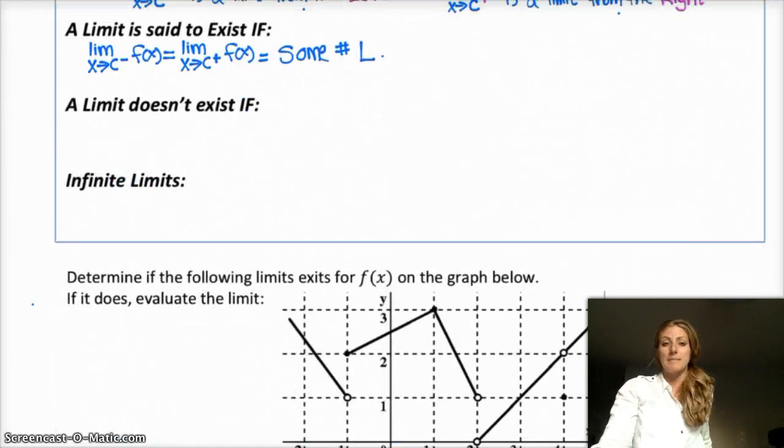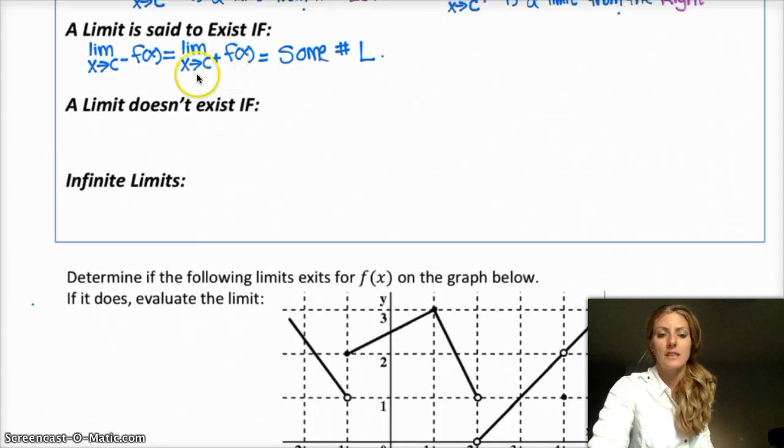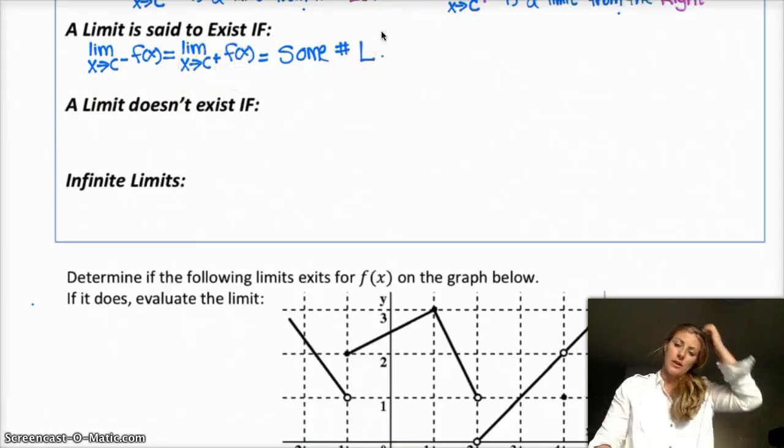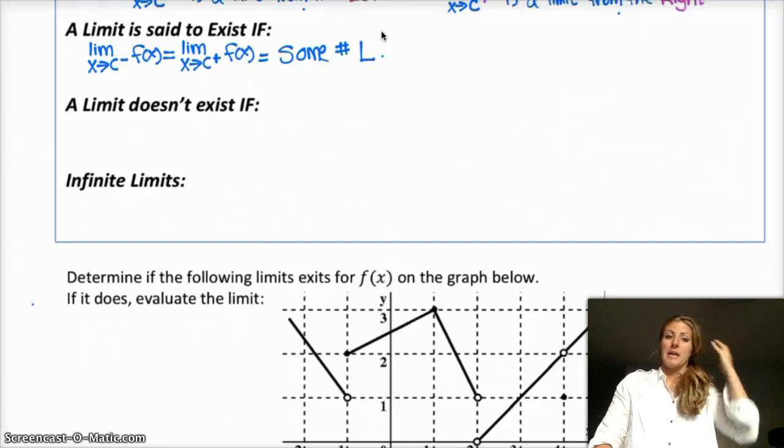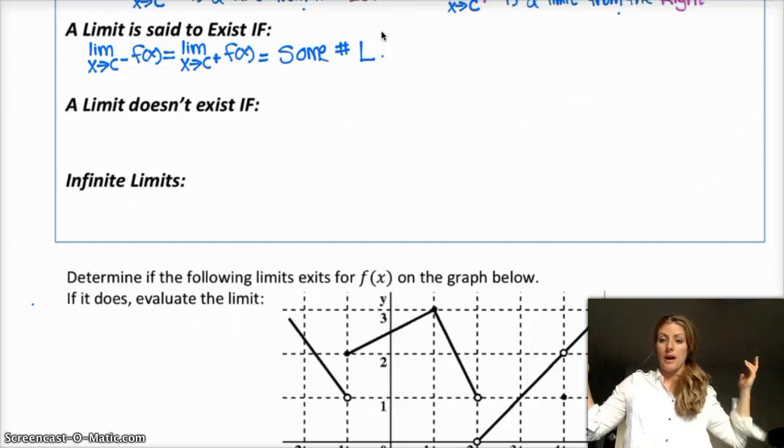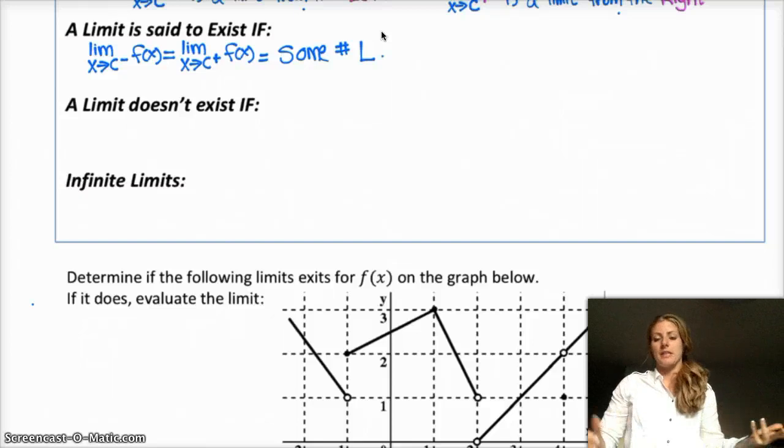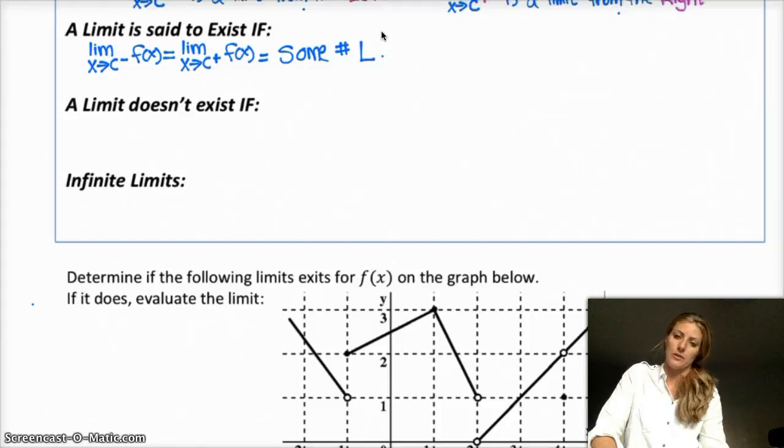Okay, we say that a limit exists if the limit from the left and the limit from the right are the same number, and it is actually some number. If the limit blows up to infinity and becomes a huge number, then you could say the limit is equal to infinity, or you could say that it does not exist.